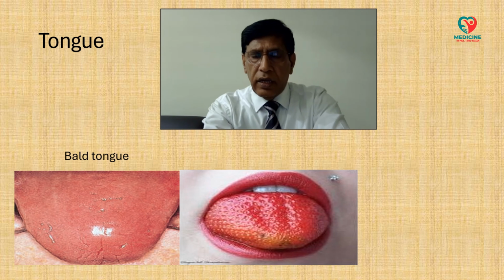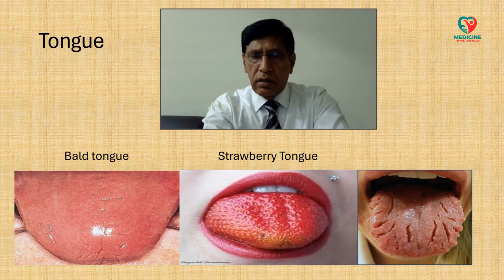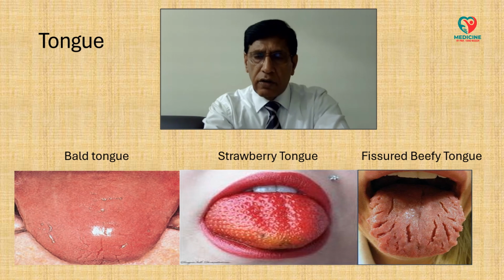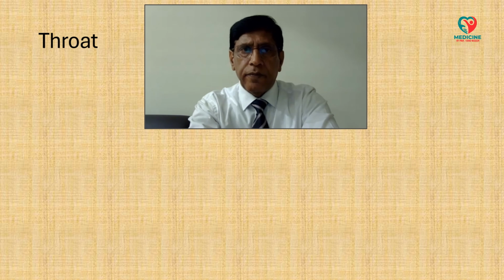The strawberry tongue, again, riboflavin deficiency and certain other deficiencies, with more of a pitted or punctate tongue appearance. And then this beef-like fissuring of the tongue, again, can be as a result of certain protein deficiency. Sometimes it can be a normal appearance in some individuals as well, but it usually is a manifestation of underlying protein malnutrition deficiencies.